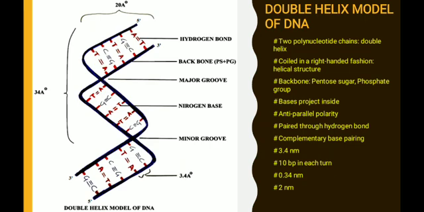The coiling of the DNA molecule results in the formation of two grooves. The large groove is called the major groove, and the other groove is called the minor groove. So these are the important features regarding the structure of the double helix model of DNA.